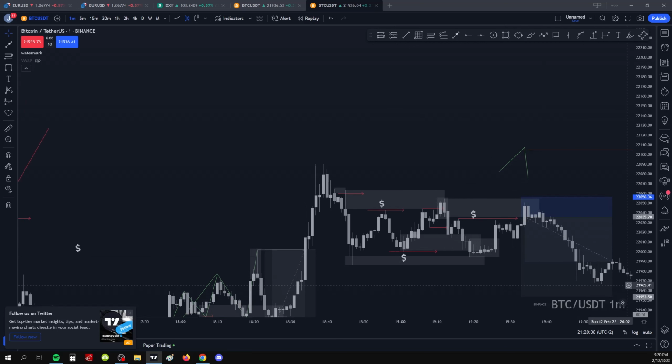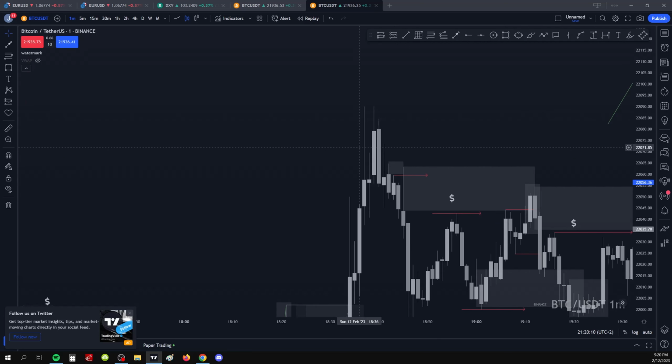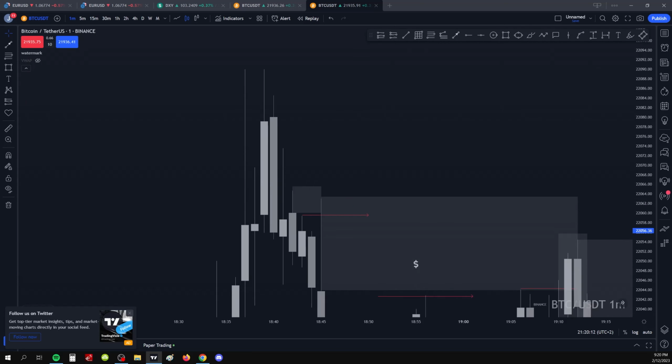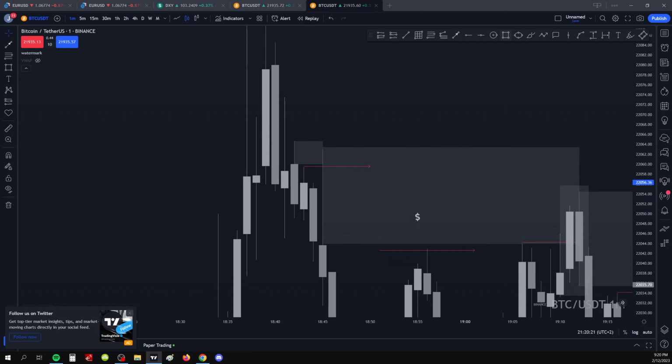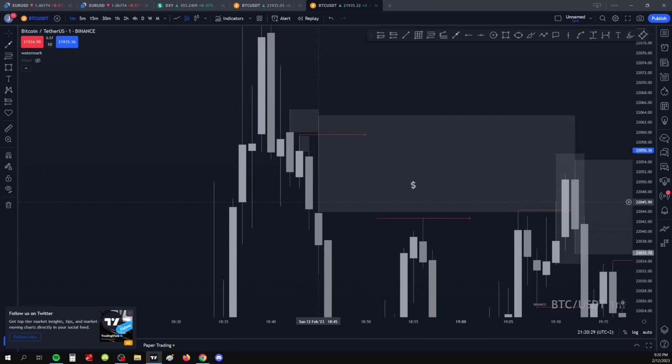Okay, because as you can see, these candles, this candle did not mitigate this wick. This candle mitigated only this one, but this one stayed open. So this candle came and mitigated this, taking out these stops, took out this and mitigated this.